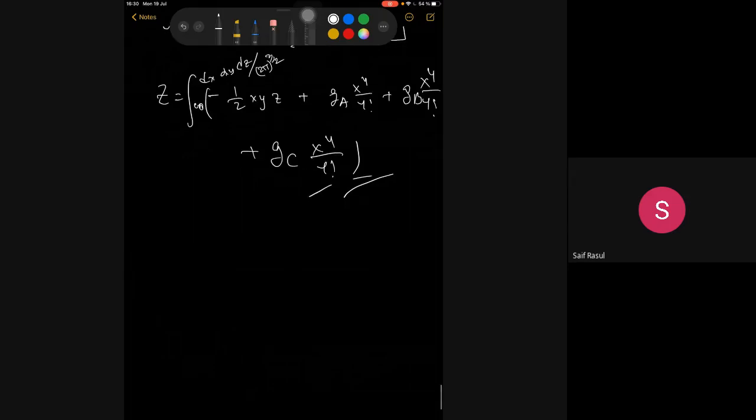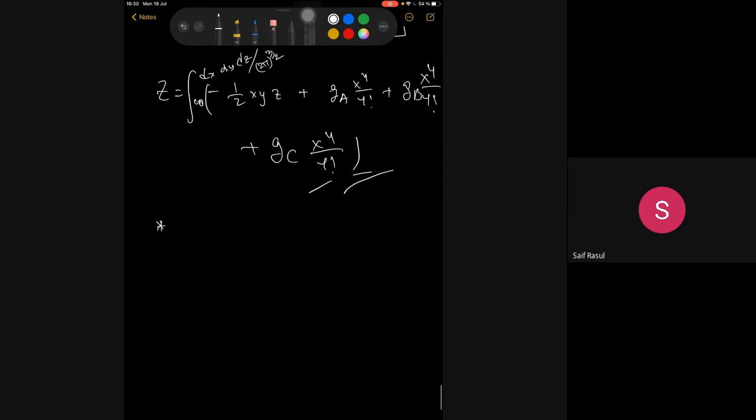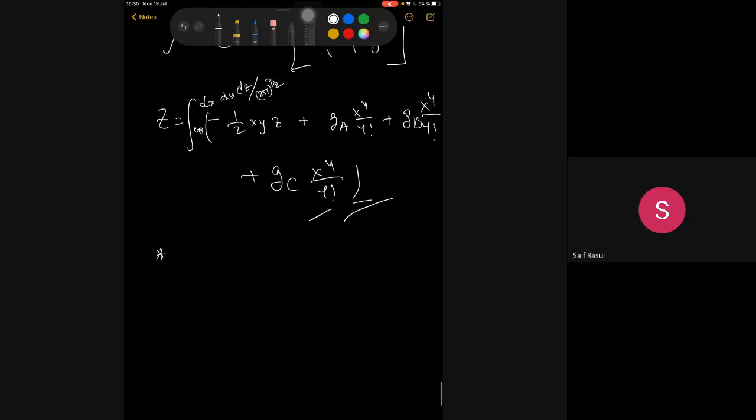So let me give you a bit of analysis of how a physicist would approach a physics problem. To a physicist, these points, let's say A, B, and C, think about this.